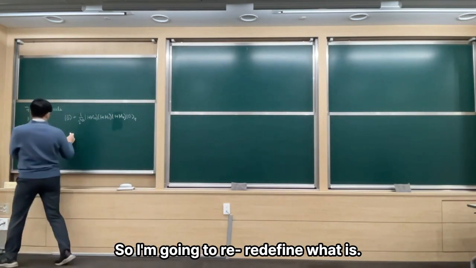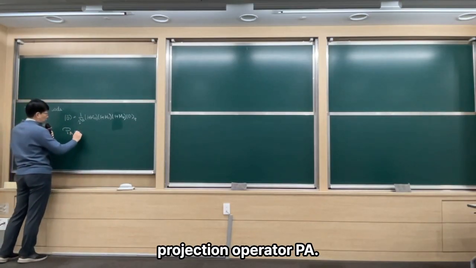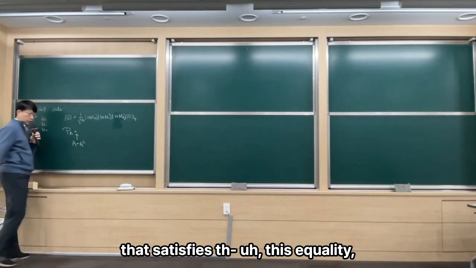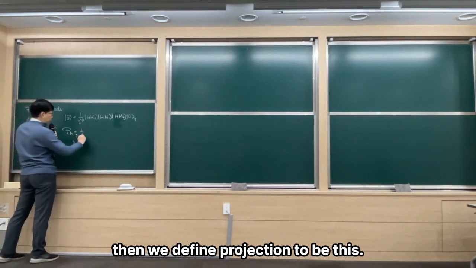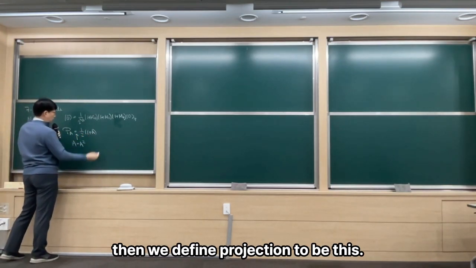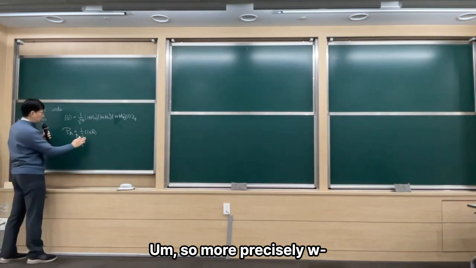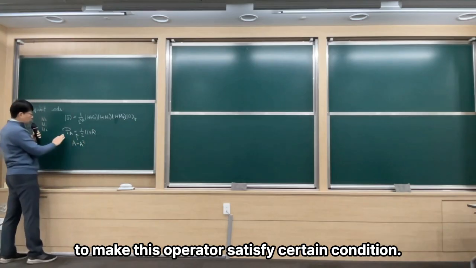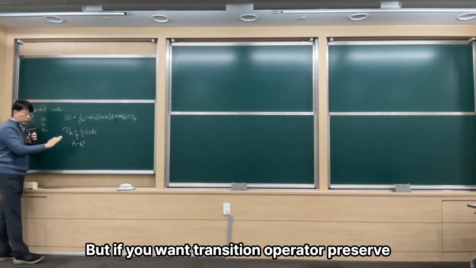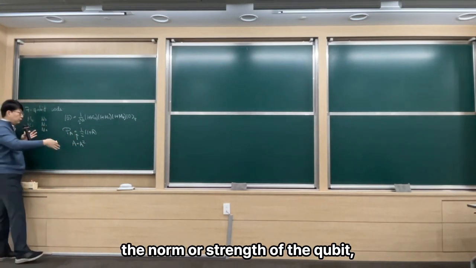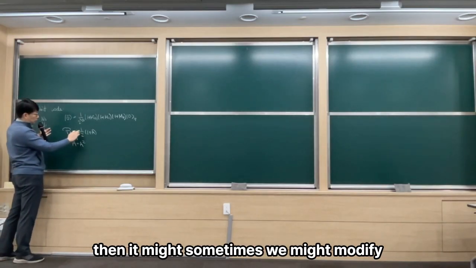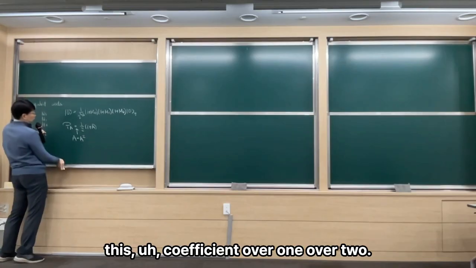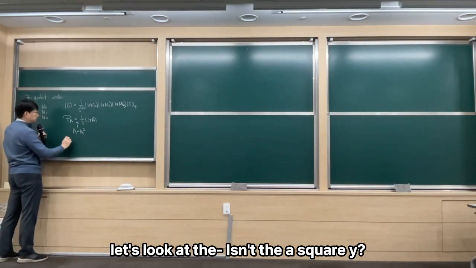So I'm going to redefine what that is. The projection operator PA: if A is an operator that satisfies this equality, then we define the projection operator to be this. More precisely, we put 1/2 to make this operator satisfy a certain condition. But if you want the projection operator to preserve the norm or strength of the qubit, then sometimes we modify this coefficient of 1/2.